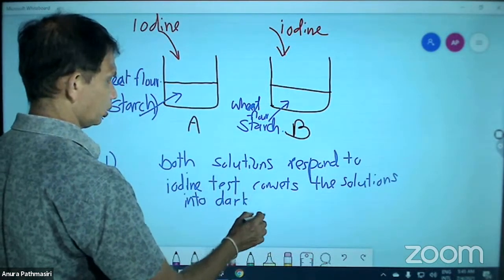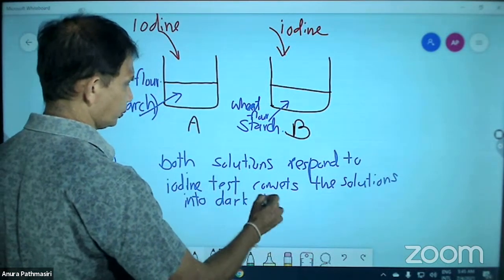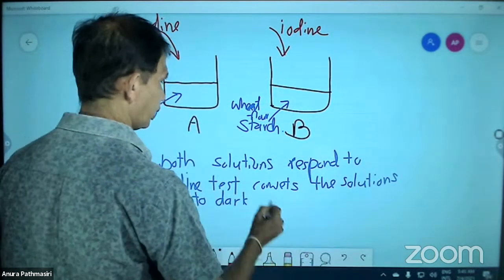Purplish blue. Yeah, dark purplish blue, dark blue color.